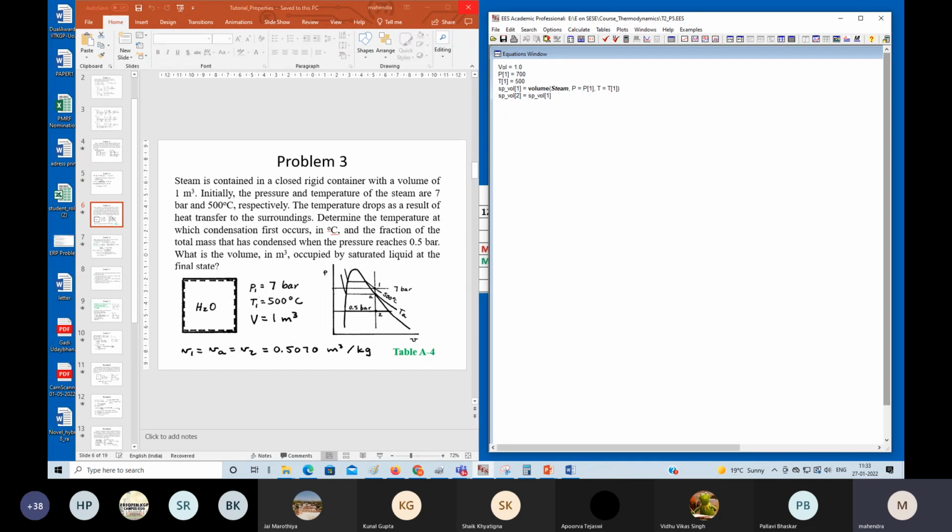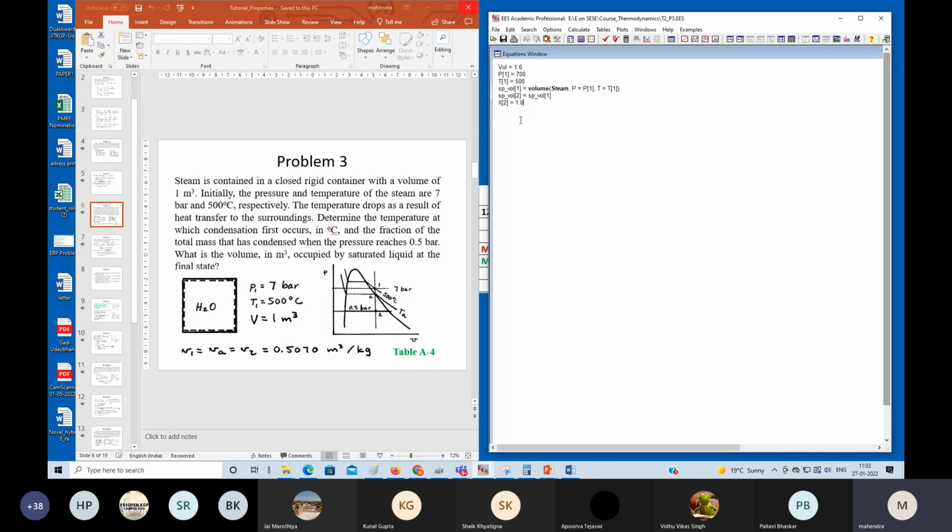That is 2 we are considering, and then x2. Which point is this? In between point here. At this point, you can calculate saturation temperature and even saturation pressure for these two.